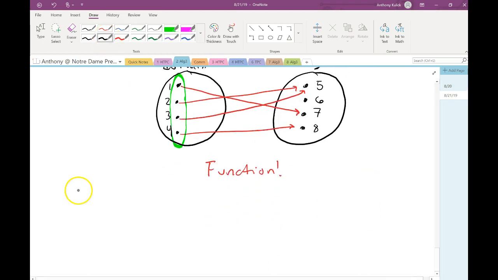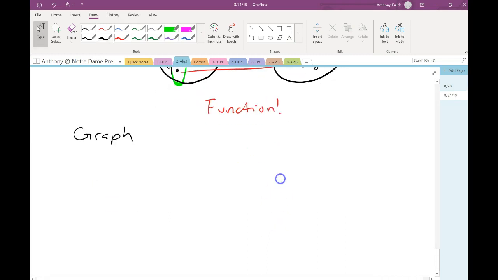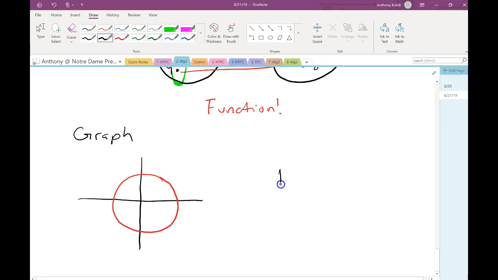All right. What if we have a graph, and I want to determine whether a graph represents a function or not? So we'll draw a couple of graphs here.